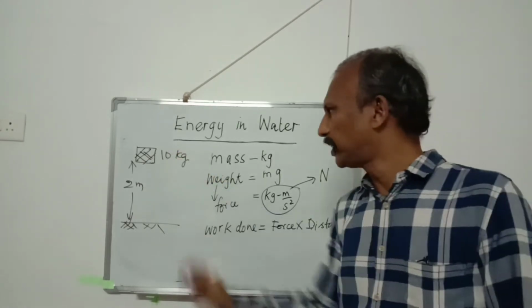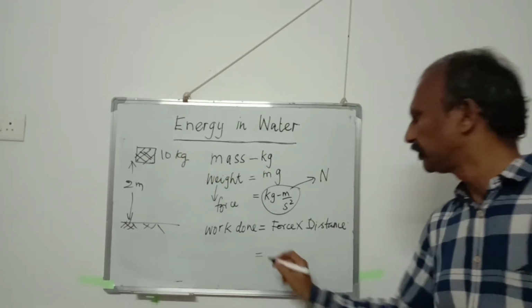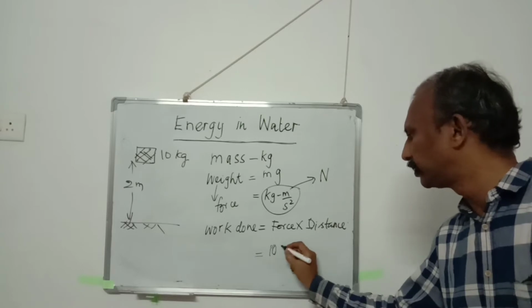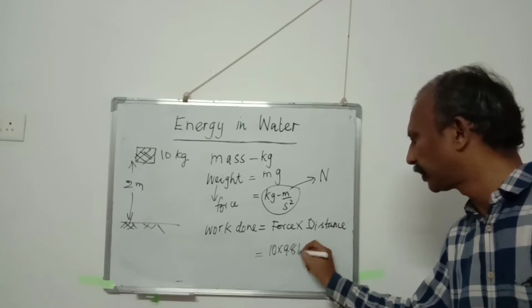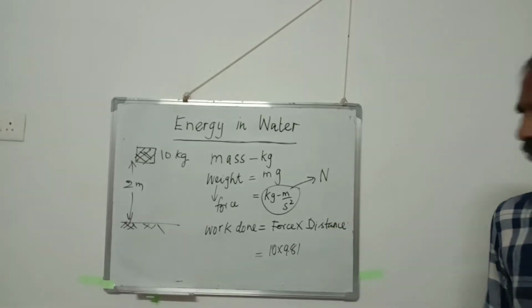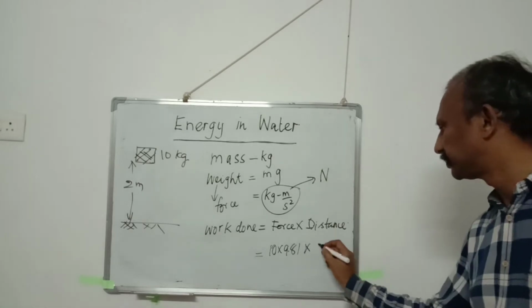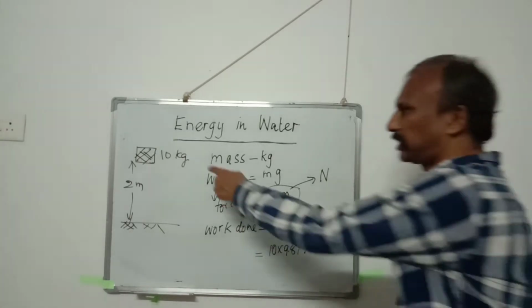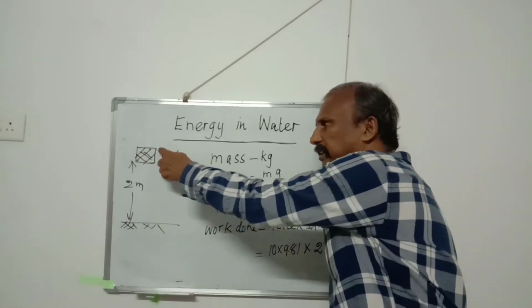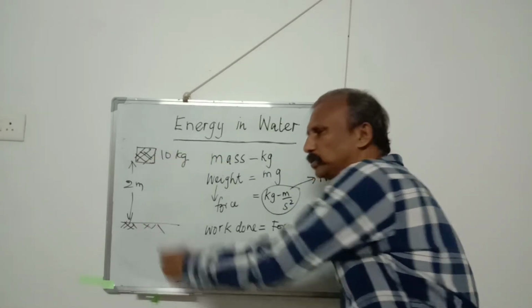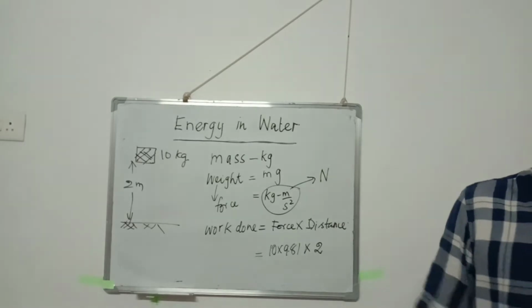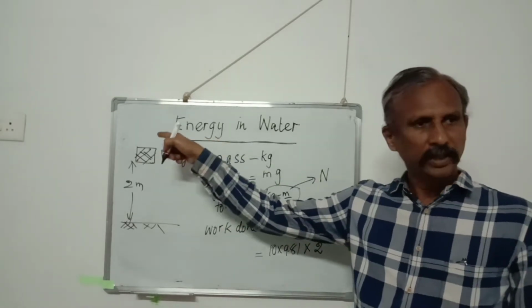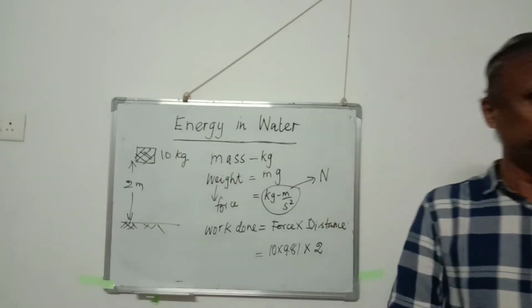So the weight of this mass is 10 into 9.81. The distance of fall is 2 meters. So continuously a force is acting on this mass for a distance of 2 meters. Hence work is done when this body falls from this place to this place. That is what is work done.